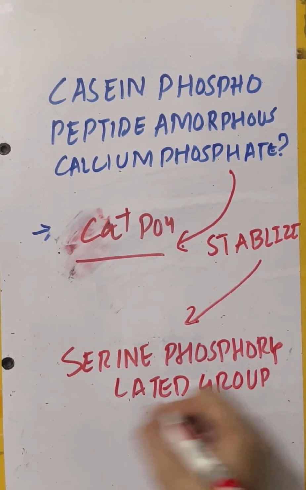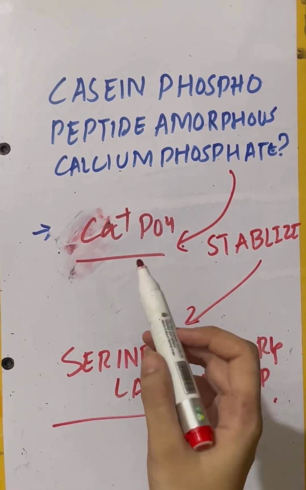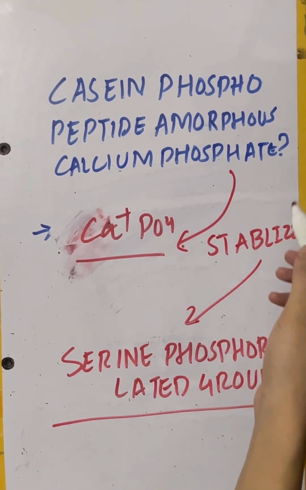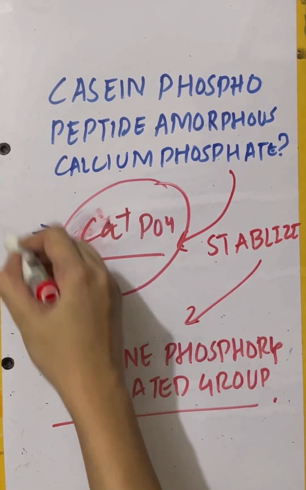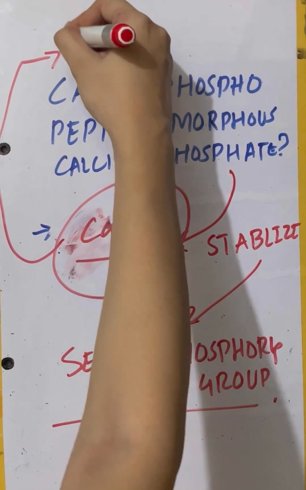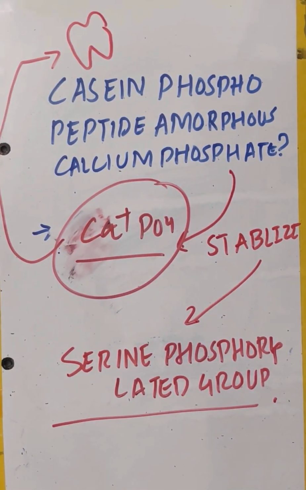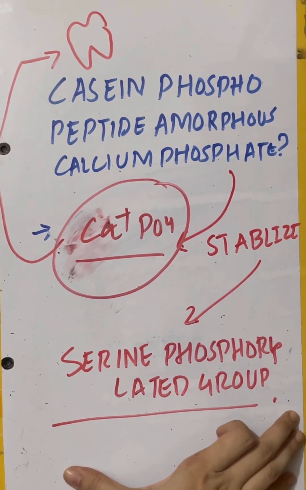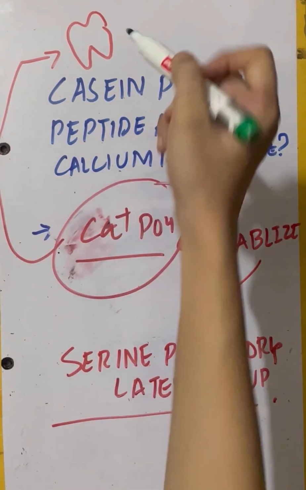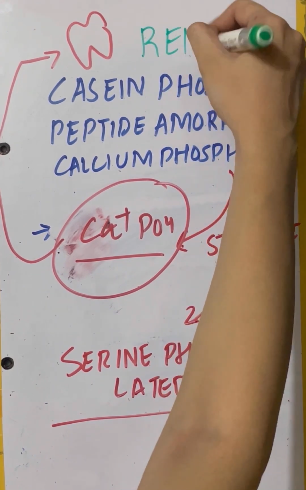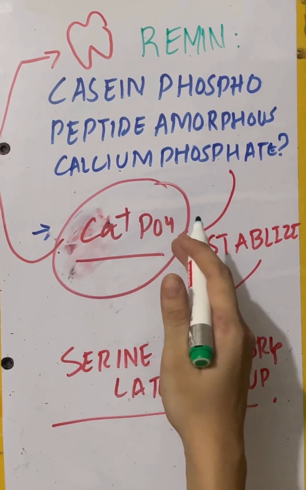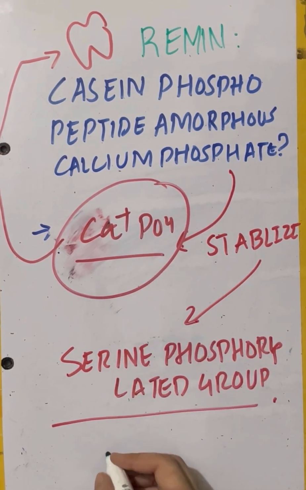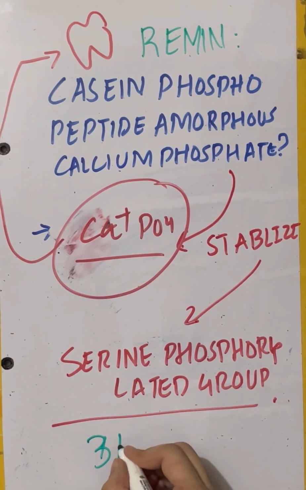The serine phosphorylated group stabilizes the calcium and phosphate so they remain for a longer time in our tooth. They create a supersaturated solution of calcium and phosphate which promotes enamel remineralization. The casein phosphopeptide amorphous calcium phosphate is retained in the oral cavity for 3 hours.